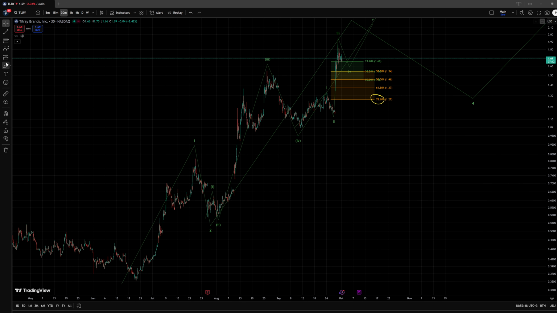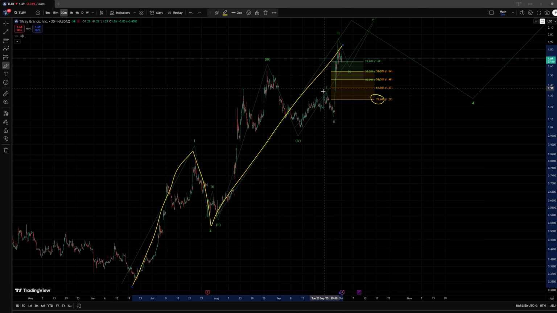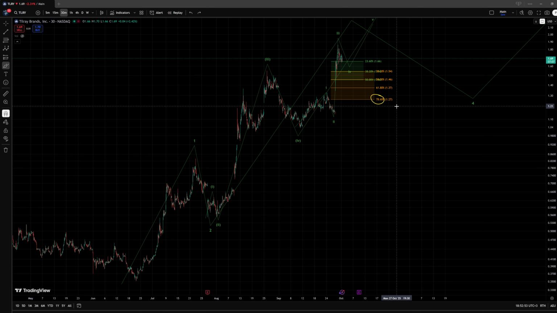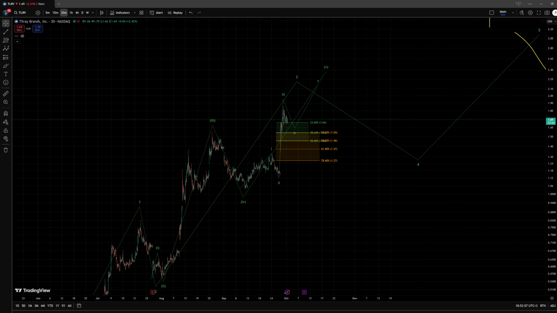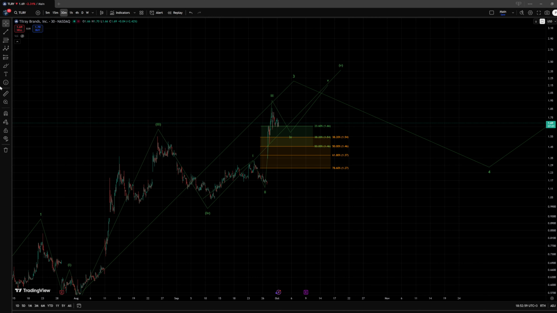It could really be just a different ABC structure that has developed in this area, and it would be overall very, very bad for the chart, and even worse than just breaking the 50% retracement in that case.